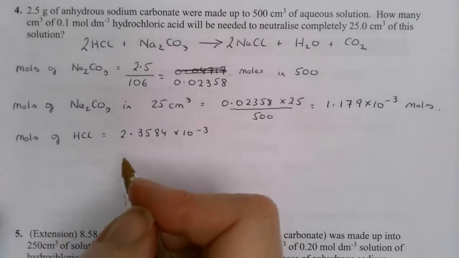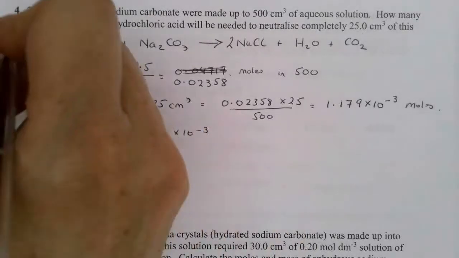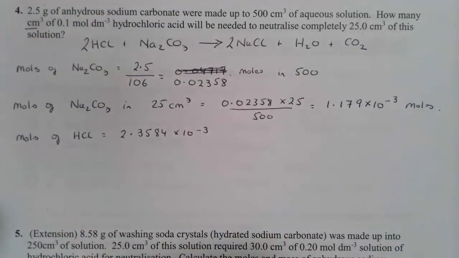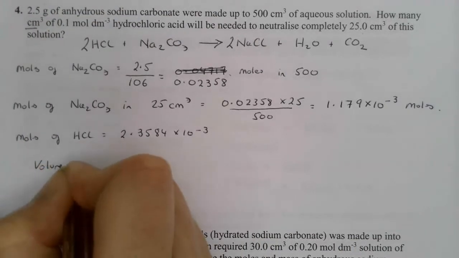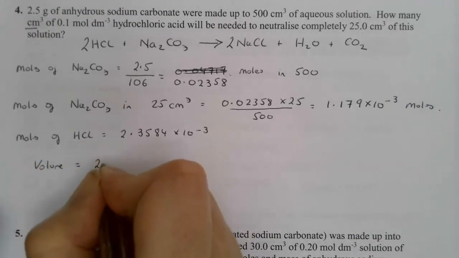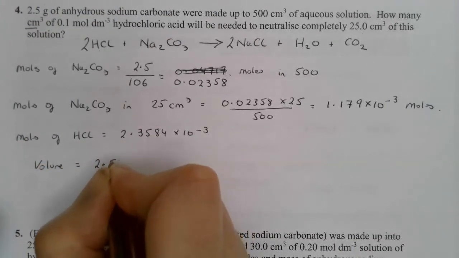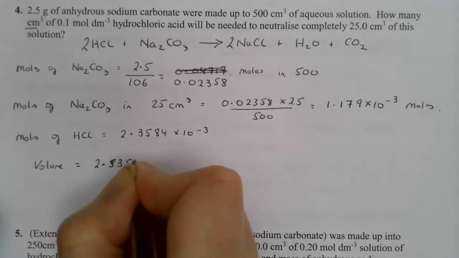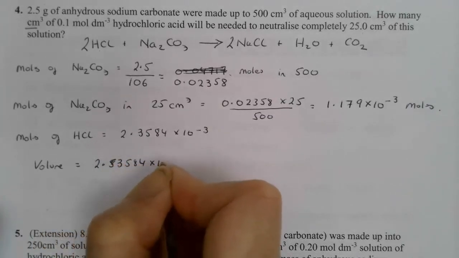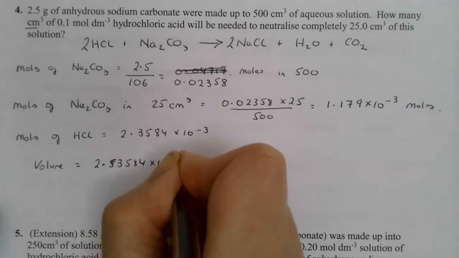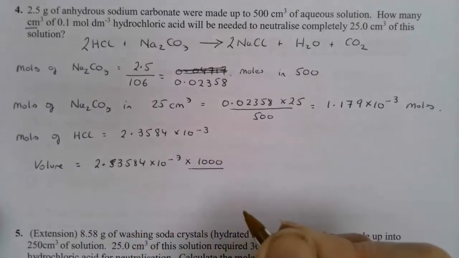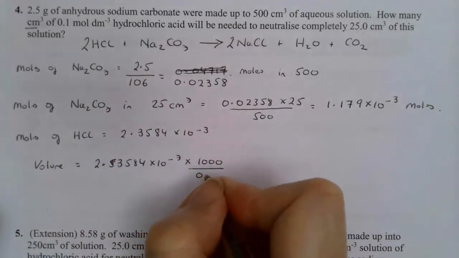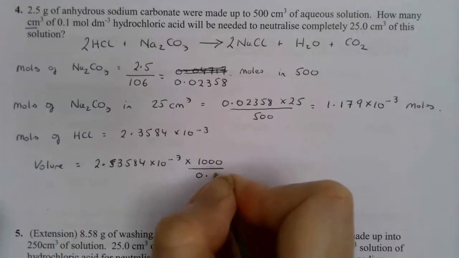And I've been asked to work out the centimeters cubed. So I've been asked to work out the volume. So the volume is equal to the number of moles, 2.3584 times 10 to the minus 3, times by 1,000 and divided by the concentration, which in this case is 0.1.